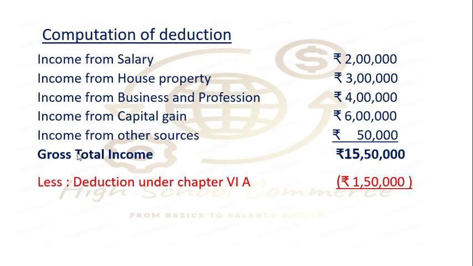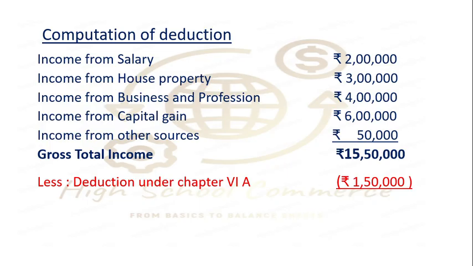From this gross total income, we are allowed to take a deduction under chapter 6A of 1,50,000. Suppose the assessee whose income is shown on the screen has used 1,50,000 to pay the LIC life insurance premium. So he is allowed to take the deduction straight away from the gross total income.